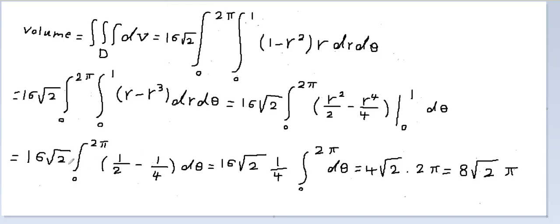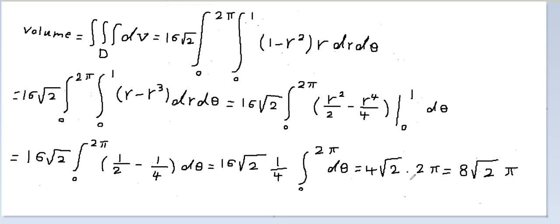Then the next integral is with respect to theta. It's a scalar, so it moves out. Then what is left is the integral from 0 to 2 pi d theta. So 16 divided by 4 is 4, so 4 times root 2 times the integral of d theta from 0 to 2 pi, which is 2 pi.